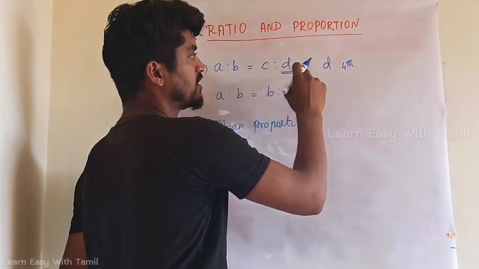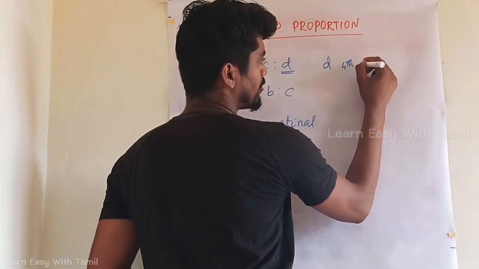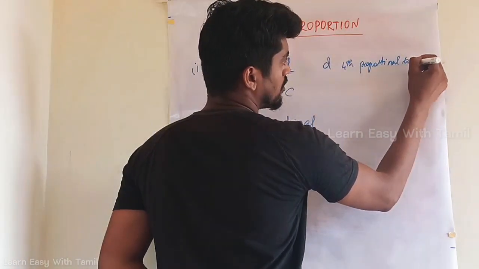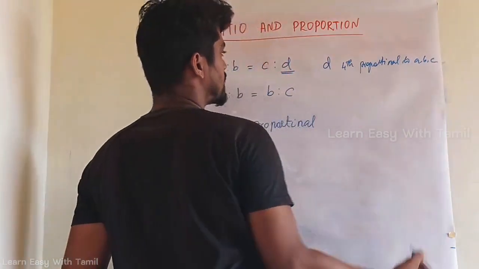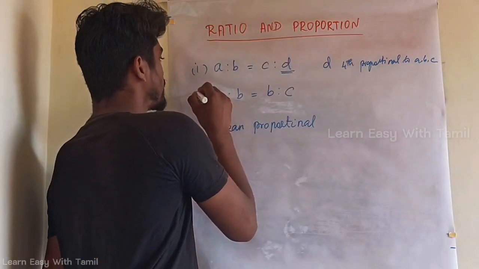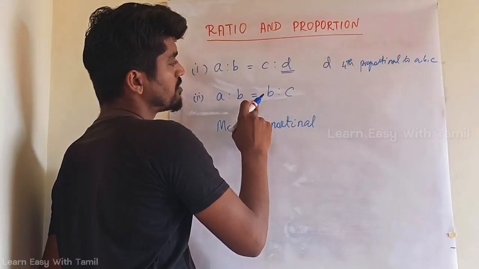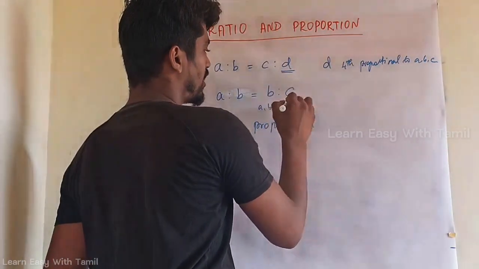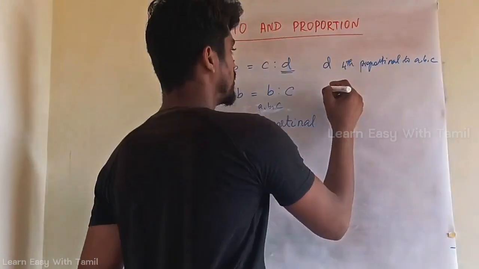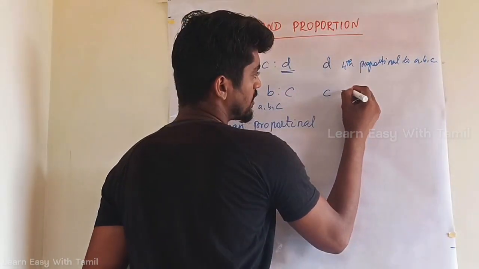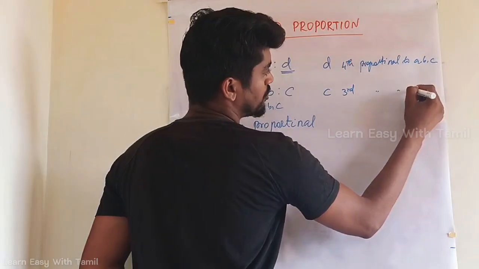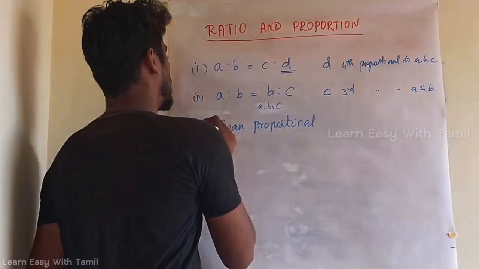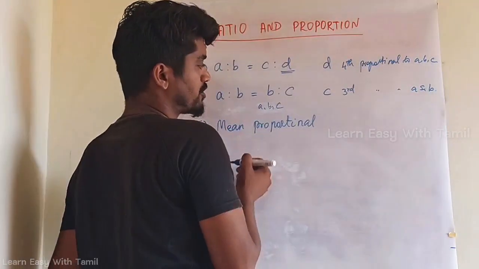Four variables are given. D is the fourth proportional to A, B and C. In the second format, A is to B is equal to B is to C. Here A, B and C, only three variables are given. So C is the third proportional to A and B. Then the next term is mean proportional.